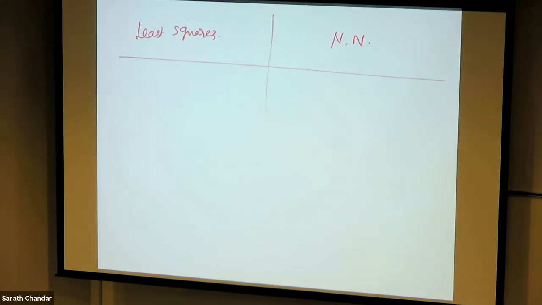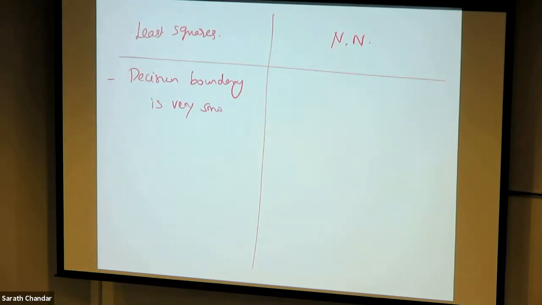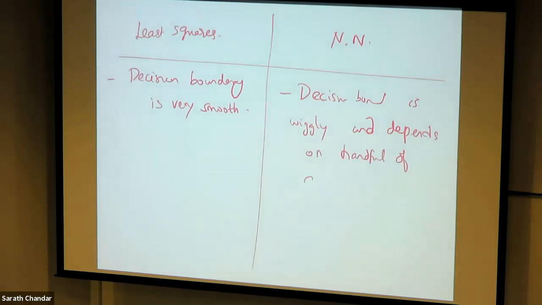Now in the case of least squares, the decision boundary is very smooth, right? You had a line, simple. But in the case of nearest neighbor, the decision boundary is wiggly and it depends on a handful of data points and their positions, right?